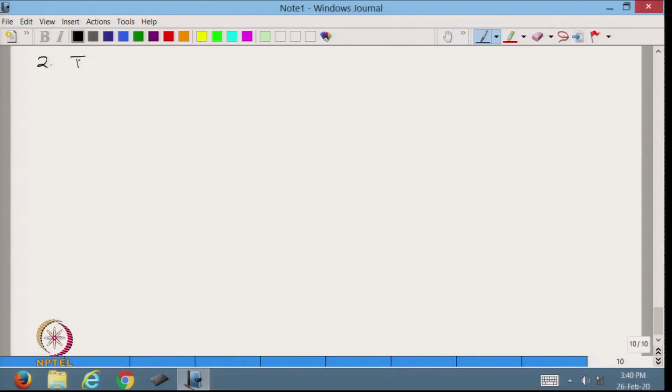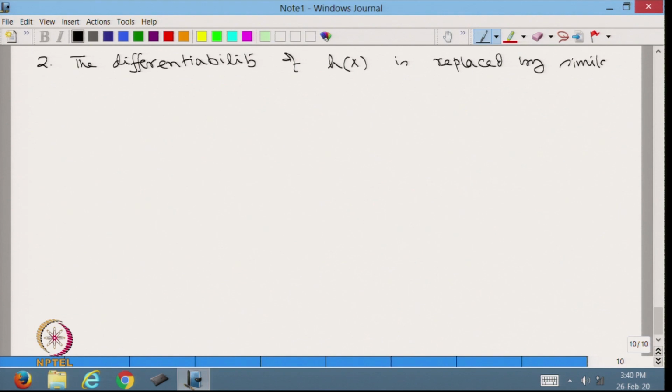To the differentiability of h of x, the function is replaced by a similar assumption using the 4 partial derivatives.